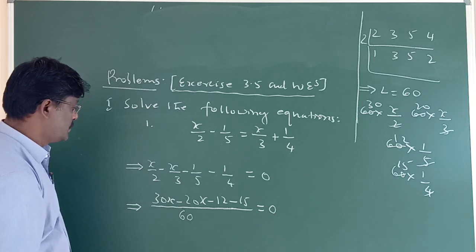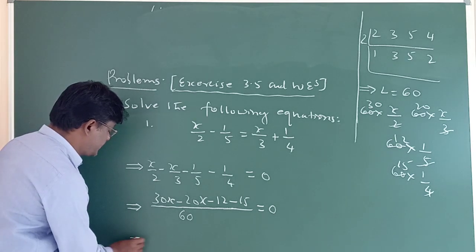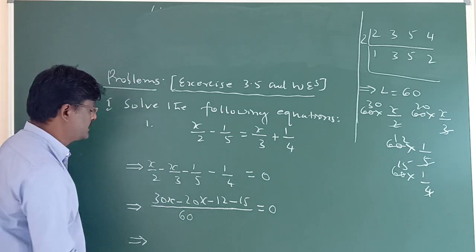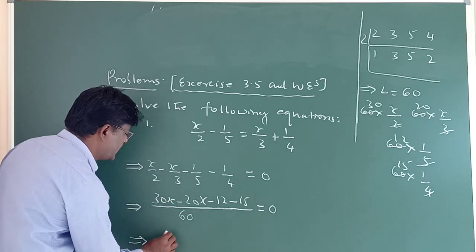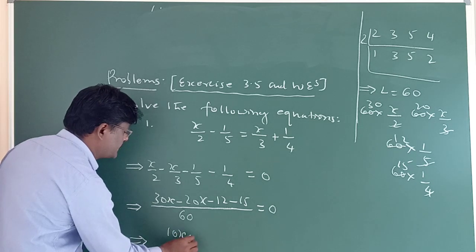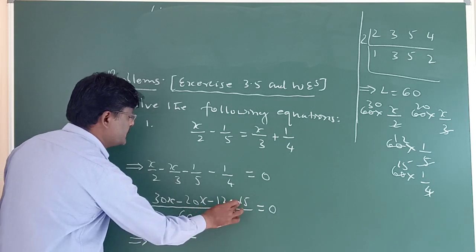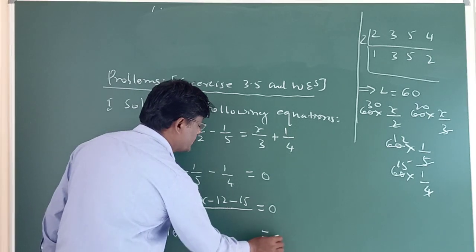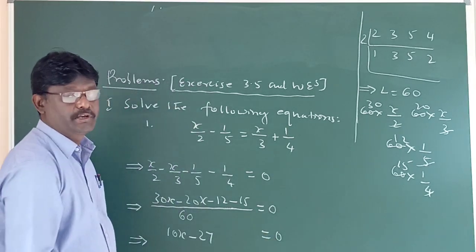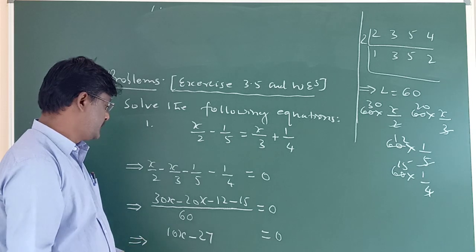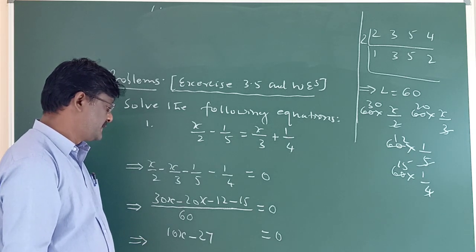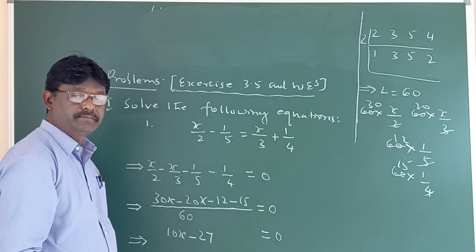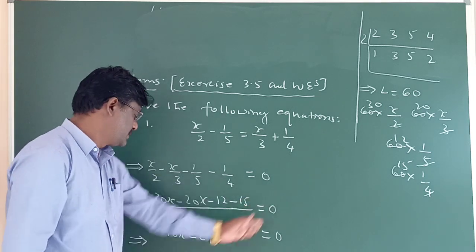Okay children. Now this implies 30x minus 20x. Like terms, opposite sign, hence it gives 10x. Minus 12 minus 15 equals minus 27, equal to 0. Can you tell what is the cause? How comes 0 or equal to 0? Where this 60 has gone: cross multiplication.